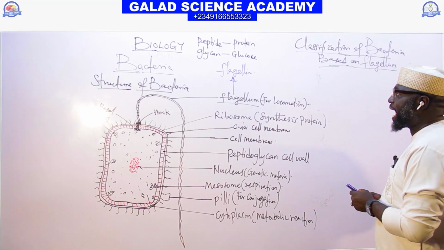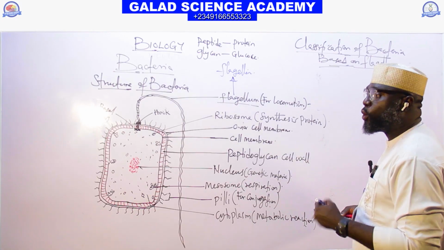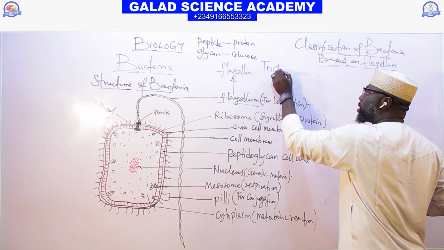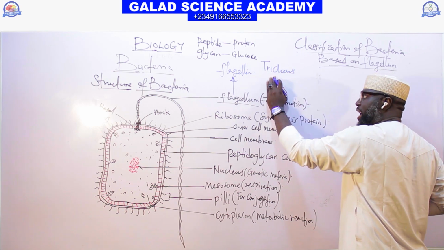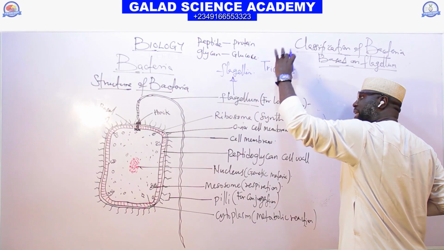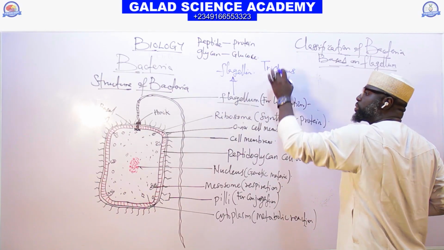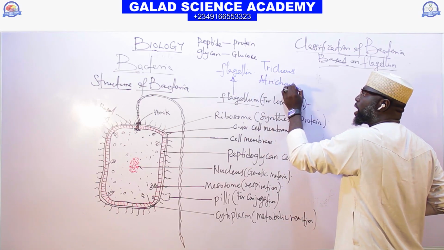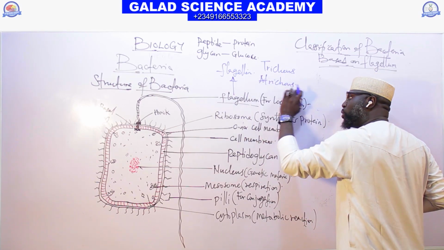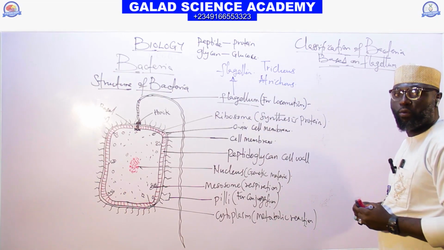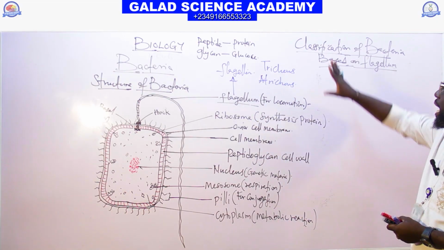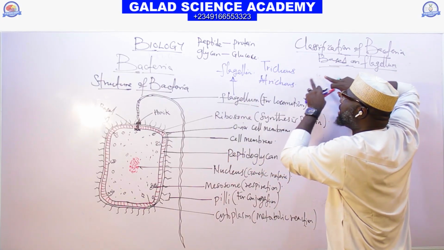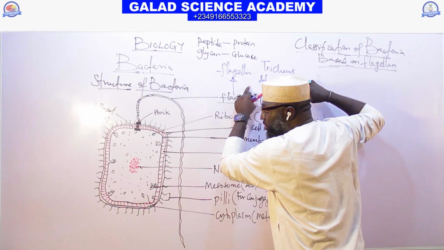The bacteria with flagellum, we call them trichous bacteria. Atrichous bacteria is a bacteria without flagellum. Any bacteria that have flagellum are called trichous, and any bacteria without flagellum are called atrichous.